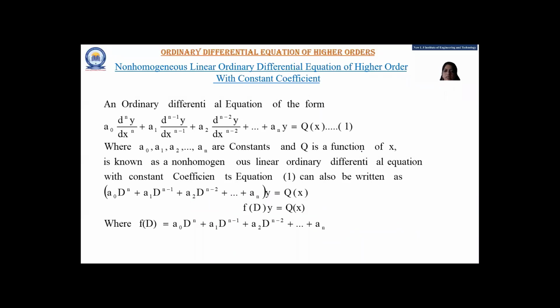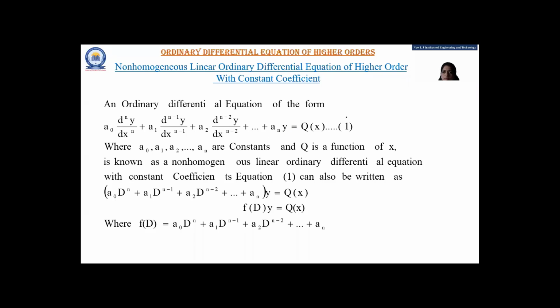In the last lecture, we studied the homogeneous differential equation. In that case, A0 d^n y/dx^n plus A1 d^(n-1) y/dx^(n-1) plus A2 d^(n-2) y/dx^(n-2) plus up to An y is equal to Q(x).